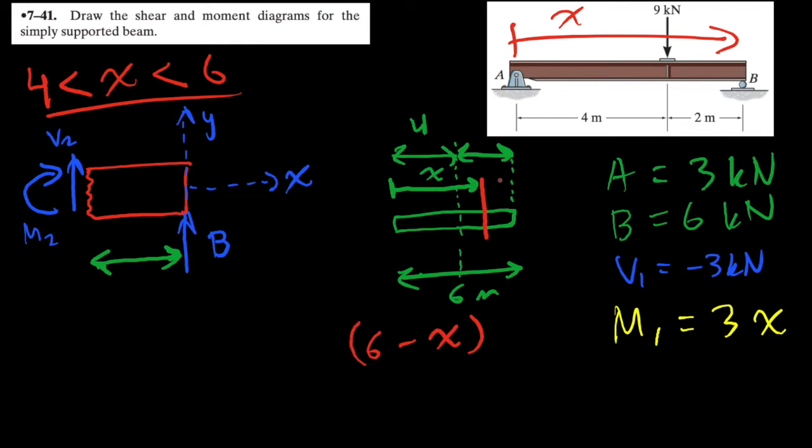Because if I do 6 minus x, then I get this, right? And since we sectioned from this end to that end, the sectioning is here, as opposed to the usual sectioning on the right side. When we section off the left side, we try to derive the distance we are looking at in terms of the values that are already given to us. And for this case, 6 minus x is a great way to represent that. I don't know if there's another way, but this is definitely a correct way to represent it.